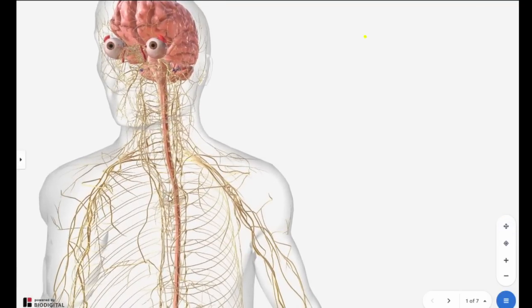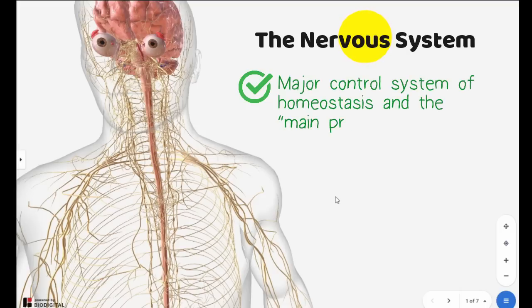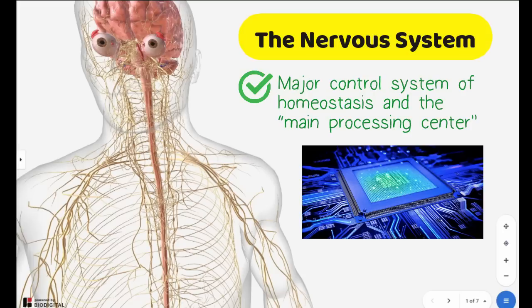Now, what is the nervous system? The nervous system is the major control system of homeostasis. It is also the main processing center. So what does that mean? You can compare this to a computer. A computer has what we call a processing unit.